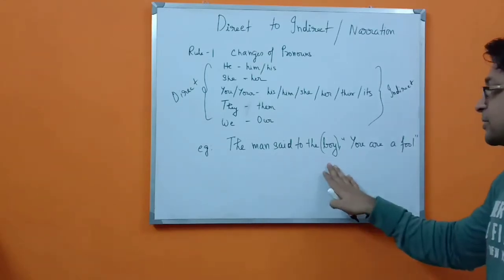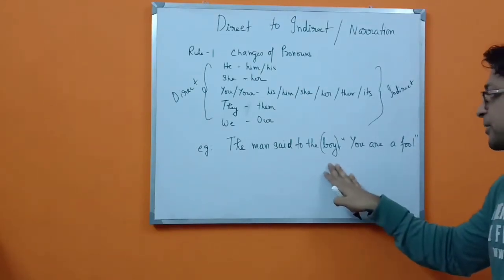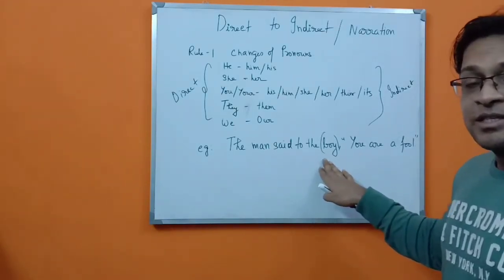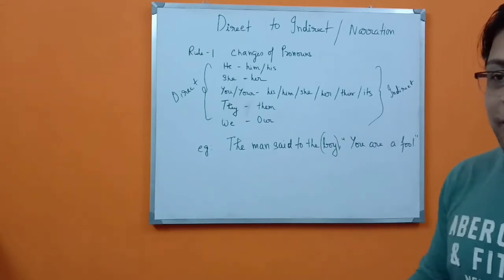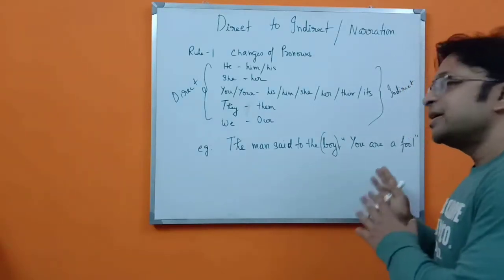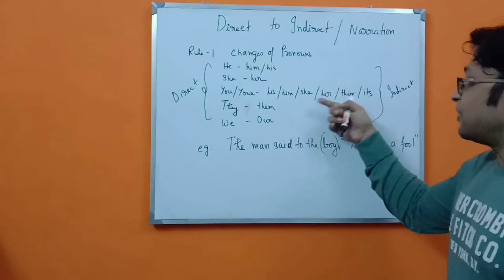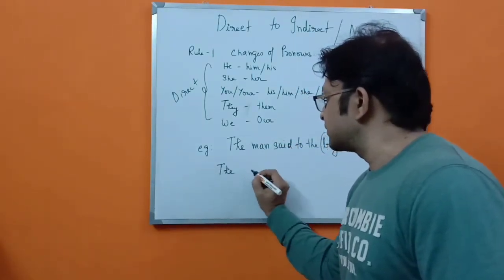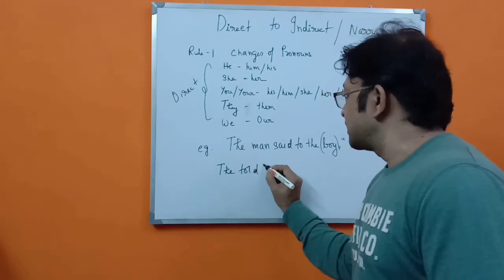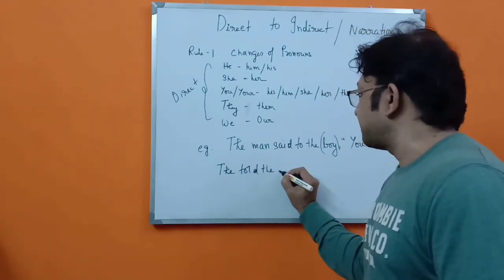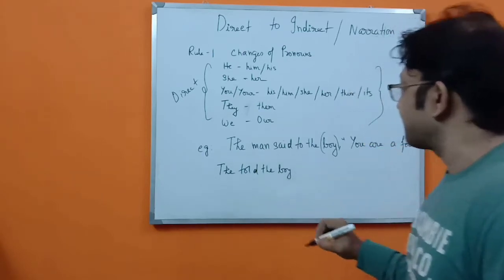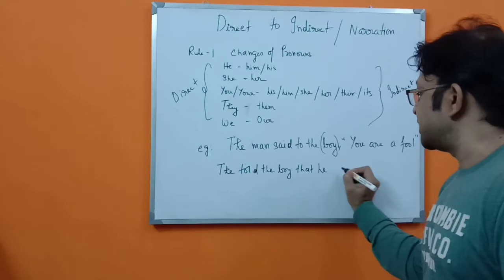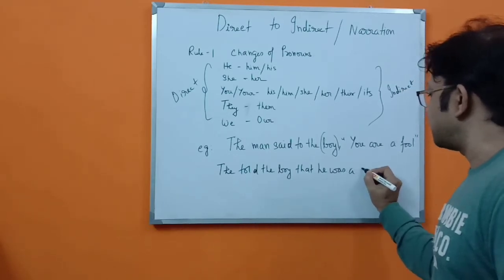The man said to the boy, and here the you is directly related to this boy. A boy is a male person, so you are going to change the you according to this. So let me change this. The man told the boy that he was a fool.